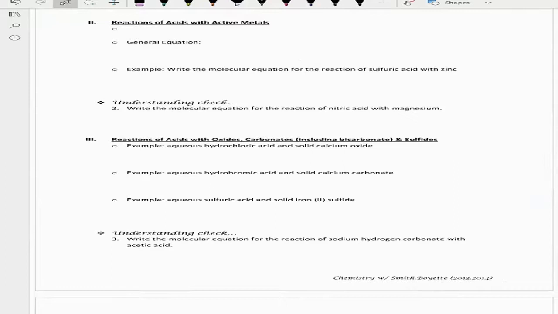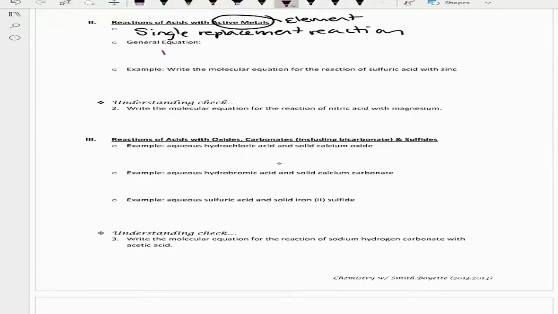On to page 2. If we react an acid with an active metal, what we have is a single replacement reaction. And remember that we can identify single replacement reactions because we're reacting with an element.